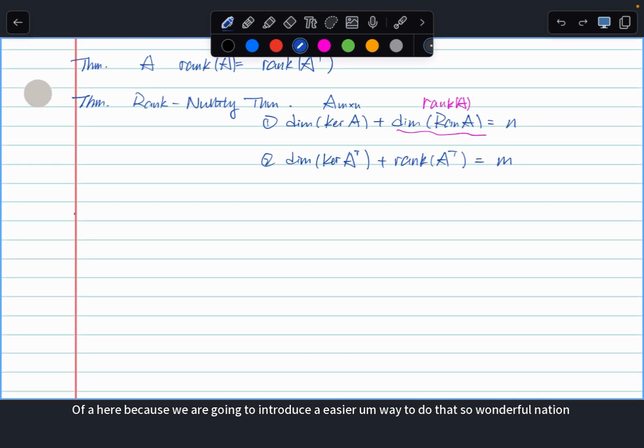So one definition, we call a matrix similar.